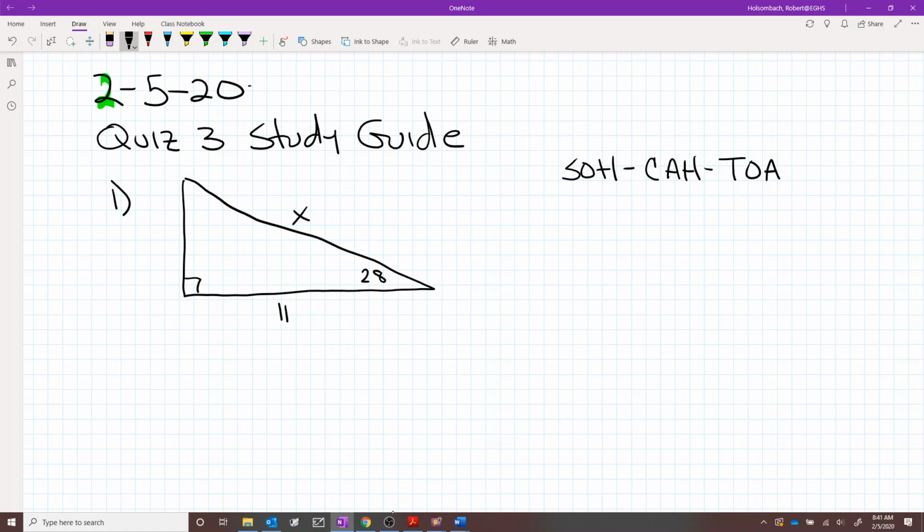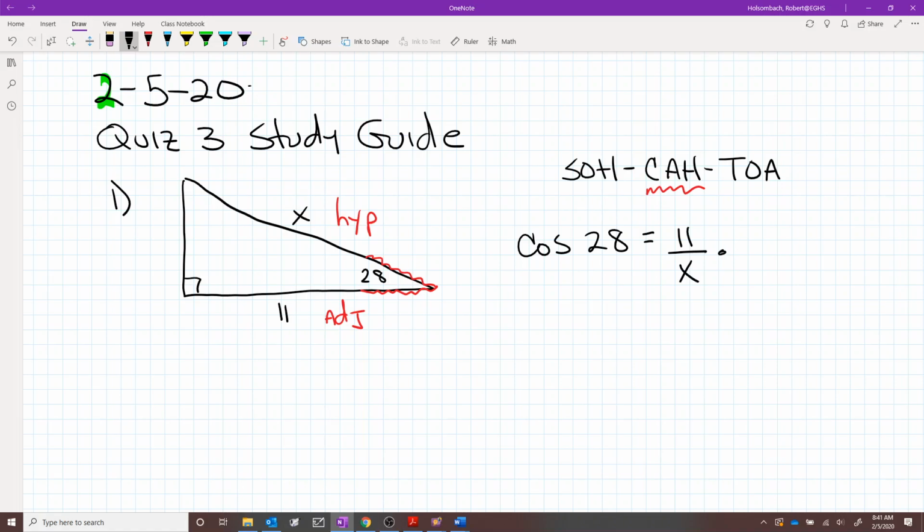So in this case, you've got this 28-degree angle. You're working with the adjacent side and the hypotenuse. Adjacent and hypotenuse is cosine. So your equation is going to be cosine 28 equals the adjacent side, which is 11, over the hypotenuse, which is x.